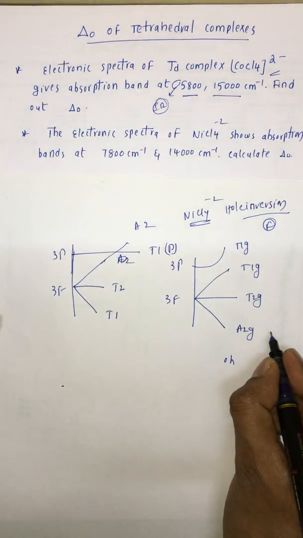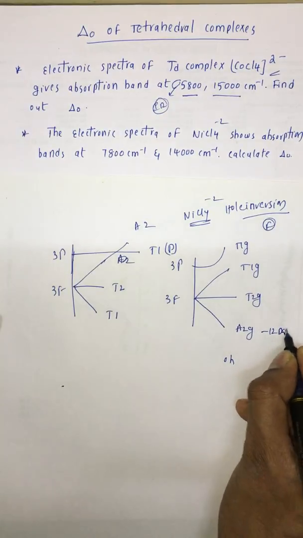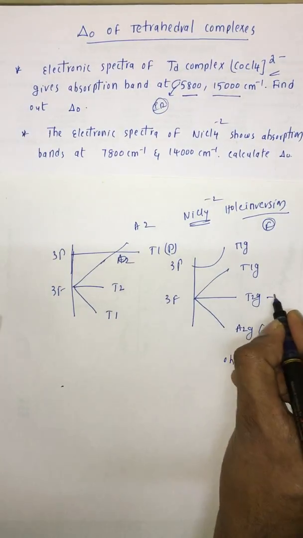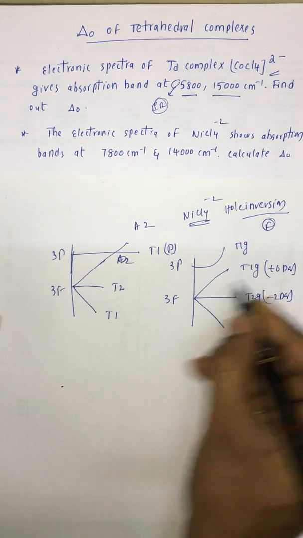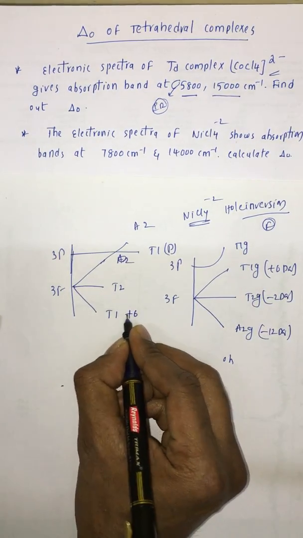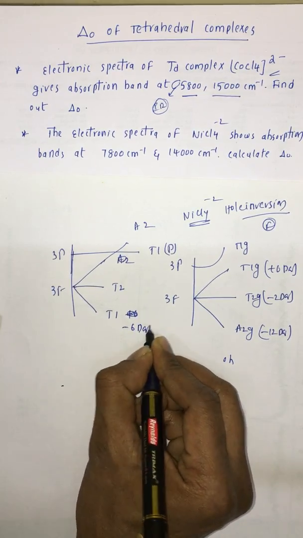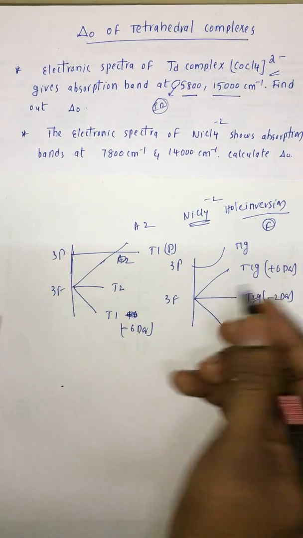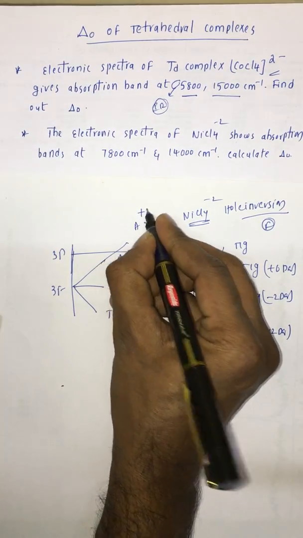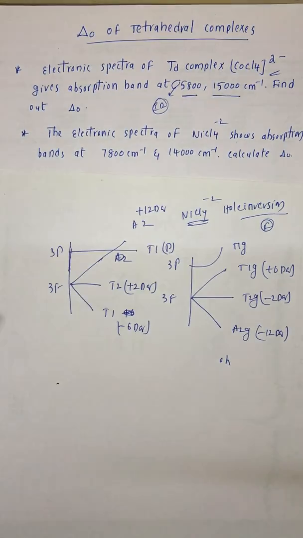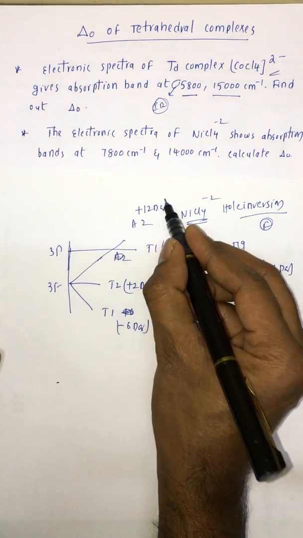Okay, the energies: 12 dq, minus 2 dq, plus 6 dq, and the same energy here, this will be minus 6 dq. Whatever negatives are there, they will become positive: 2 dq and 12 dq.